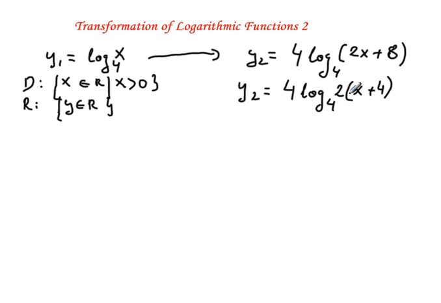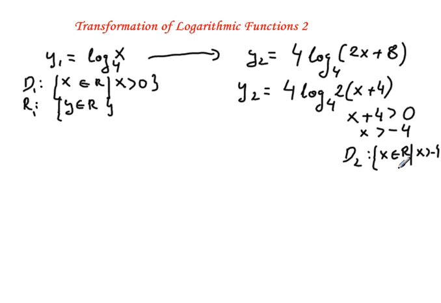So the domain would be created by using the following statement. 2 is positive, so keep it outside. But x plus 4, whatever the x value is, has to be greater than 0. So that implies that x is greater than -4. So the domain here, for function 2, will be real values such that x is greater than -4.